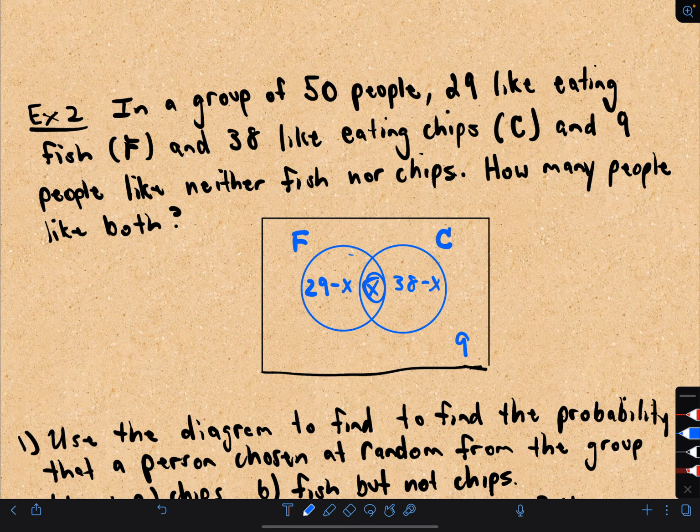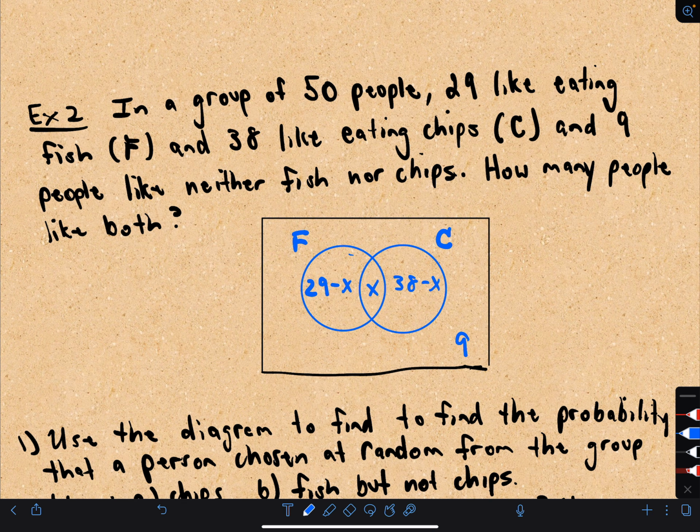And again, if I take X and add 38 minus X, that's going to add up to 38 total. Well, just like before, if I take this value, 29 minus X, plus this value of X, plus 38 minus X, plus 9, that has to add up to all of my people. That has to add up to 50.